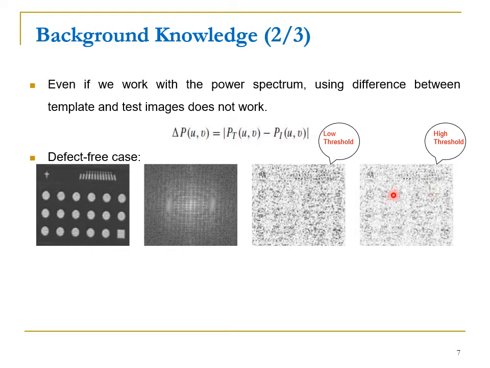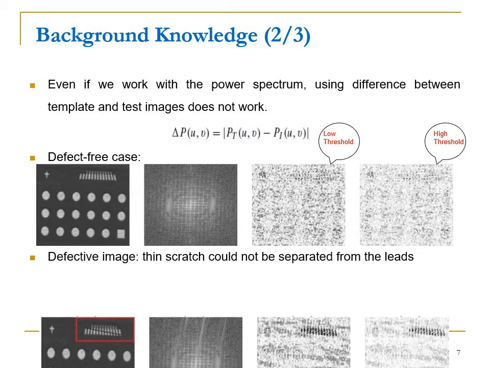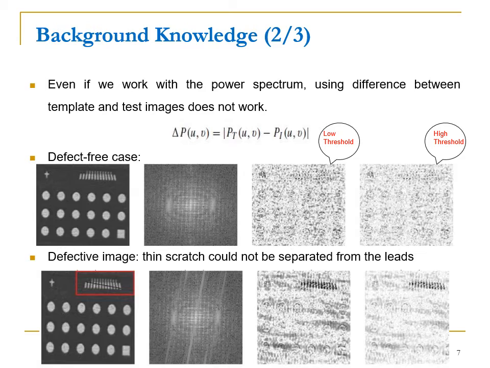Okay, so can it work in the case of scratch? Let us see. Okay, so yes, we have here the same PCB image with a scratch line, and we can see that we have applied the difference between power spectrums of template and test images, and then we reconstruct the difference image in spatial domain.